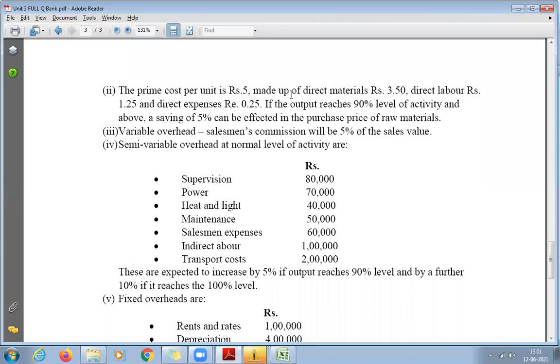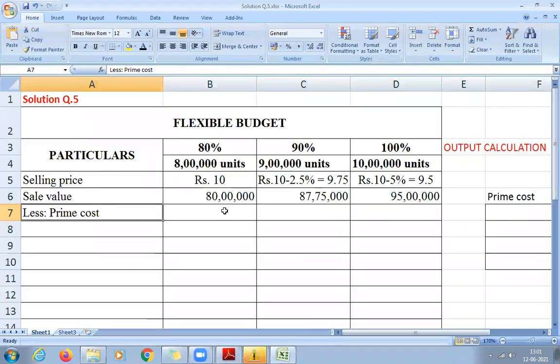This is for the normal level, so we write 5 rupees first. Now multiply 5 into 8 lakhs. How much will you get? 40 lakhs. Correct.